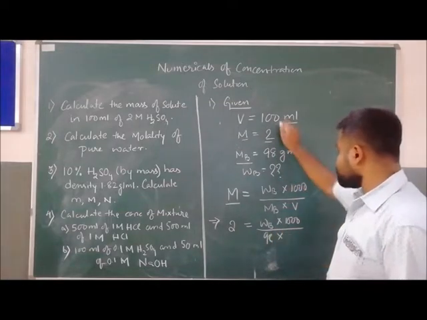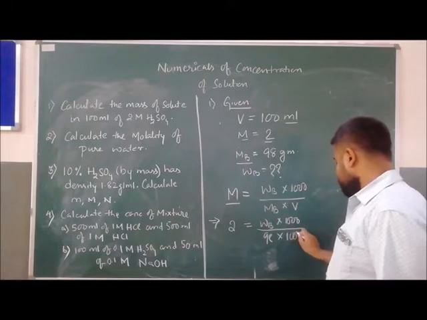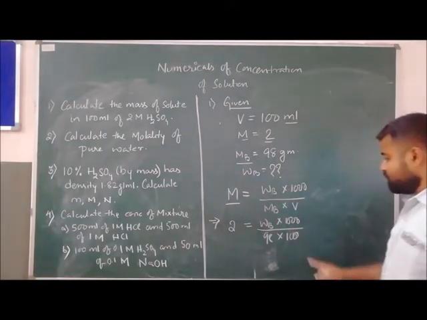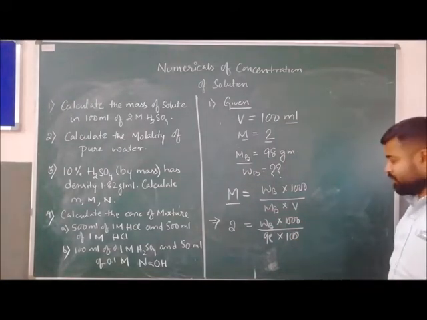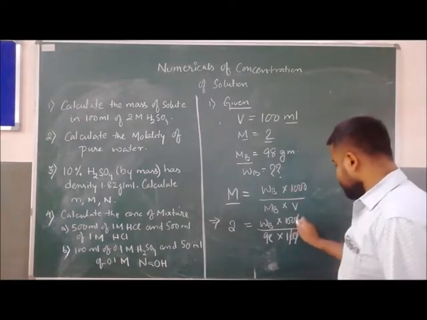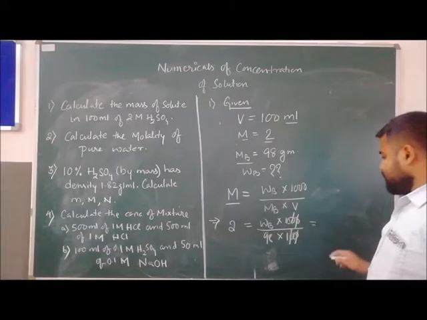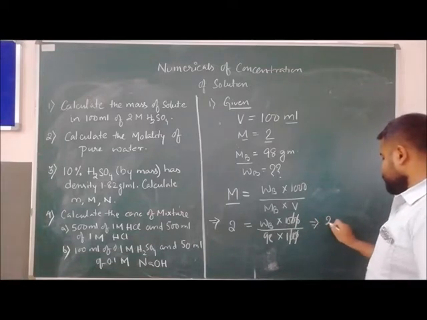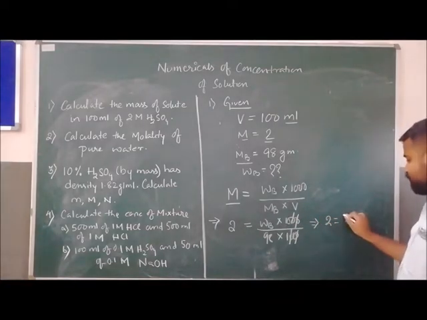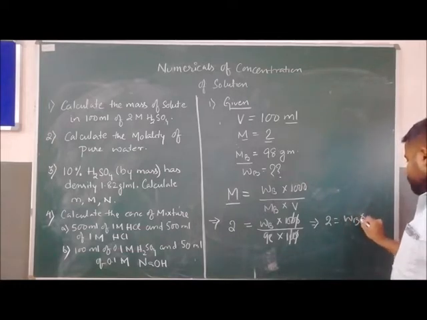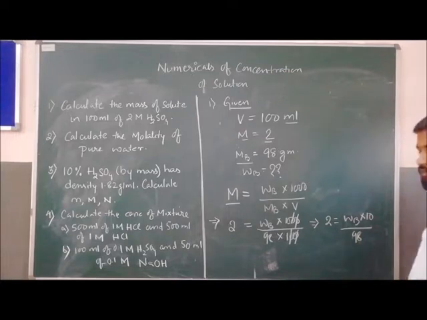And what is the volume of the solution? 100 ml, so we put 100. The 0 and 0 will be cancelled out, so 10 is left. It can be written as 2 equals Wb into 10 by 98.